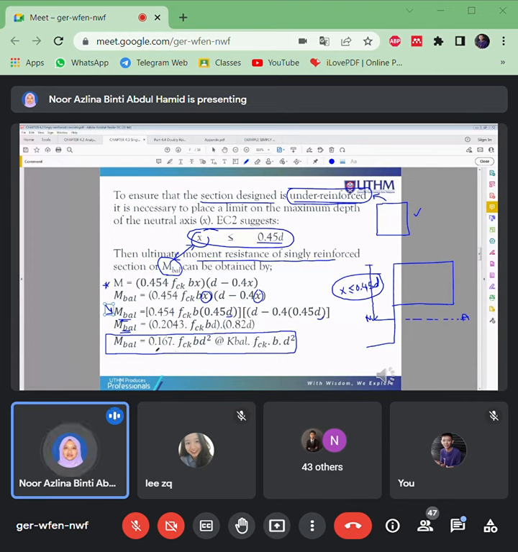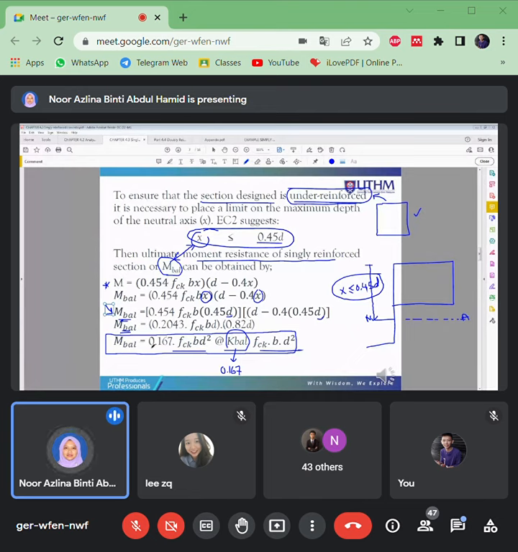Okay, so moment balance is equal to 0.167 fck bd², ataupun K balance fck bd². This is still the same. This is the simplification, where K balance is equal to 0.167.